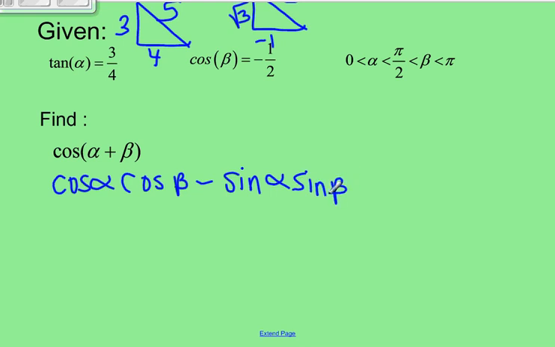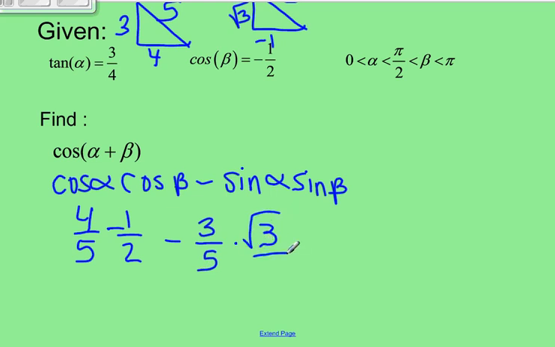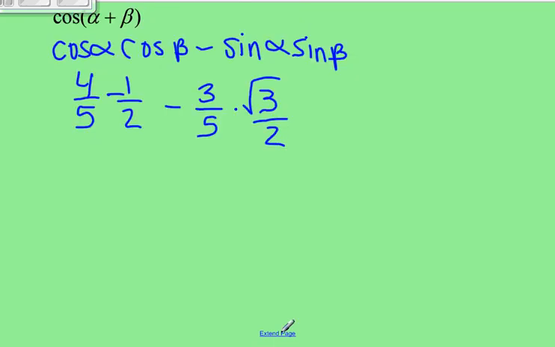So cosine of alpha is going to be 4/5. Cosine of beta is negative 1/2. Minus sine of alpha, 3/5. Sine of beta, square root of 3 over 2. And then again, we multiply across. So we get negative 4 minus 3 square root of 3 over 10.